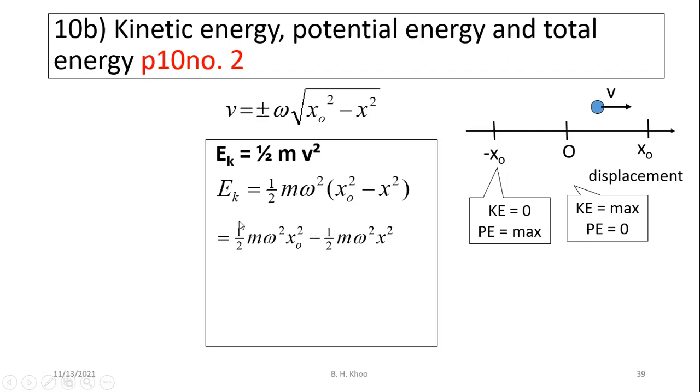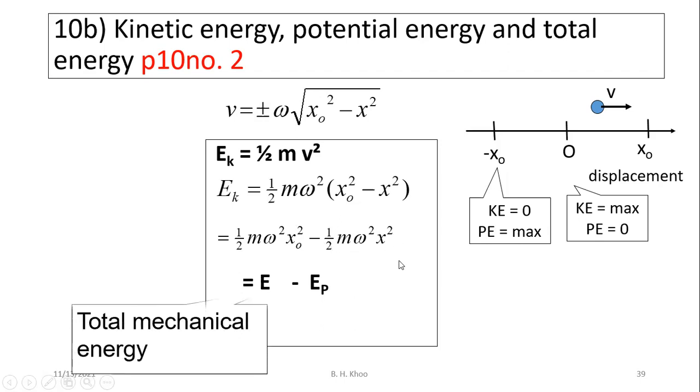So this is your total energy, the maximum kinetic energy or the total energy. This must be potential energy. Total energy minus potential energy.